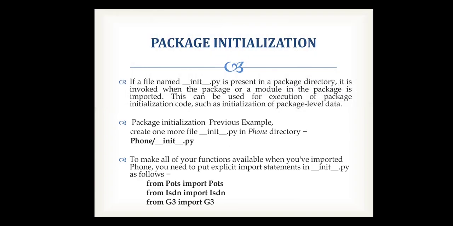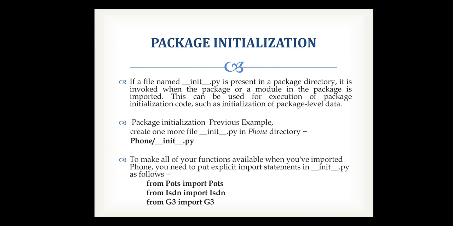To make all of your functions available when you have imported Phone, you need to put explicit import statements in __init__.py, as follows: from Pots import Pots, from ISDN import ISDN, from G3 import G3. So here we are importing the Pots function, ISDN function, and G3 function of the modules Pots, ISDN and G3 of the package Phone.